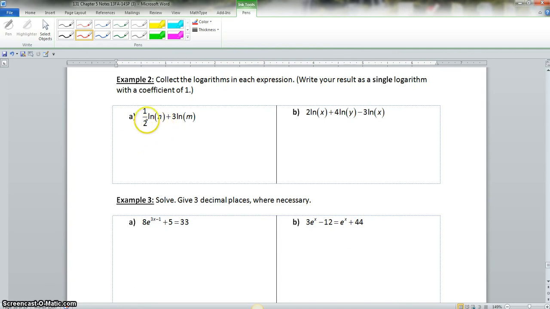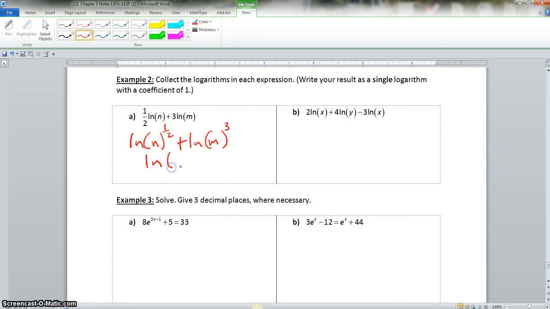So just like with the logarithm, we would take this 1/2 and put it as an exponent of n. We would do that here. So it'll be natural log n to the 1/2 power. This 3 would also go with the m, and it'll be natural log m to the 3rd power. Now, we can combine these because this will be multiplication.